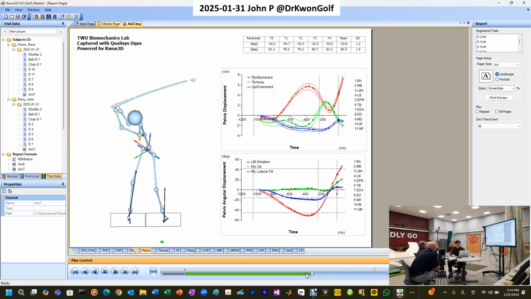And then this blue line here shows the pelvis lateral tilt. Up to this point, you have a continuous lateral tilt. So the left side is lower, the right side is higher, and it goes to this position. But from here, the slope changes, as if you have a two-stage motion.